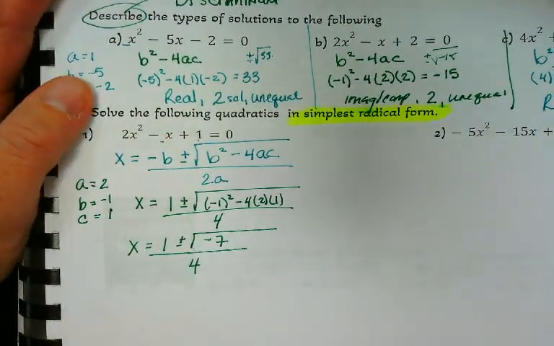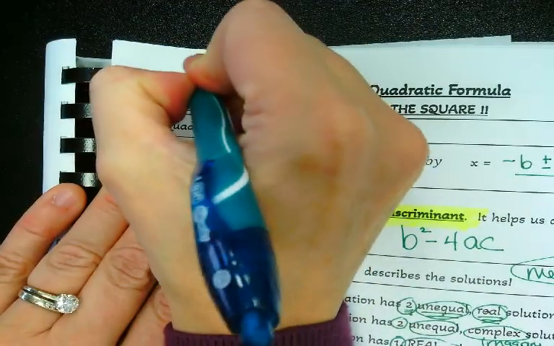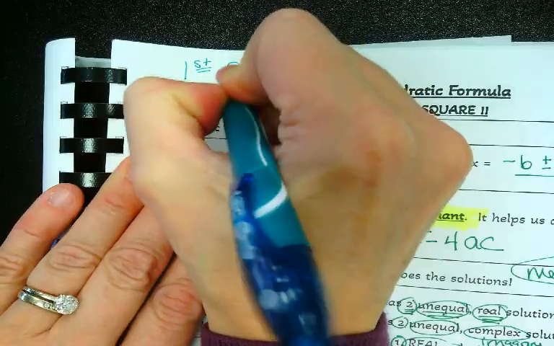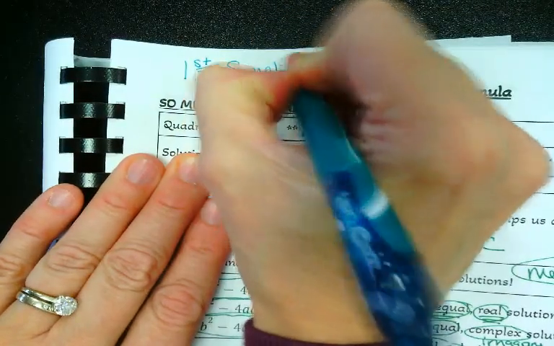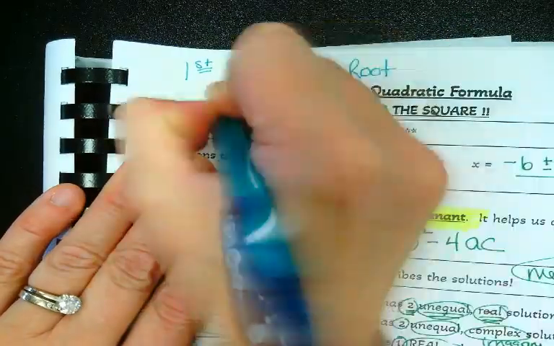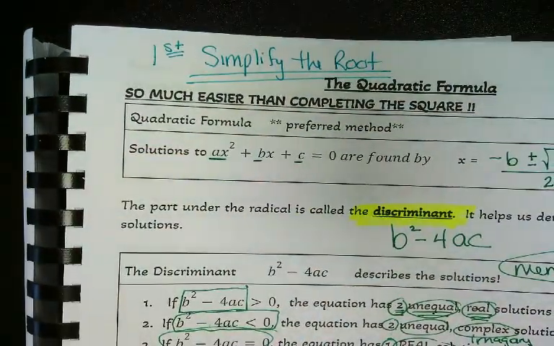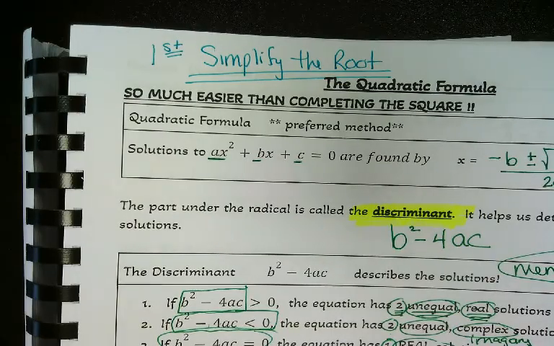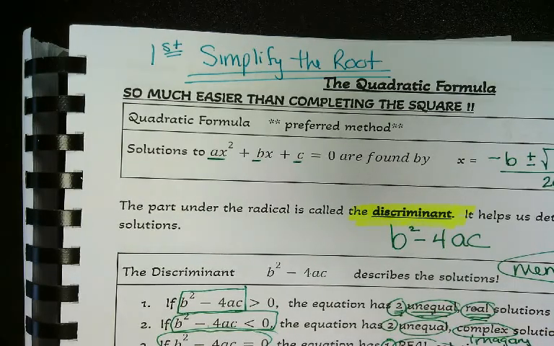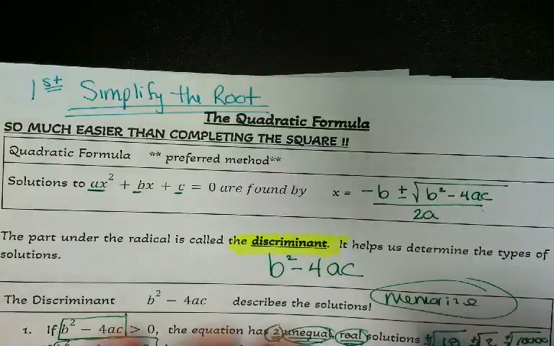All right. So now I'm going to pause there, and I want you to go to the top, and we're going to put the 2 next most important things down. Okay, first, you have to simplify the radical. These cannot go in alternating steps. You have to simplify the root first. Second, again, they have to go in this order. This is a waste of time if you can't figure out the bottom half.